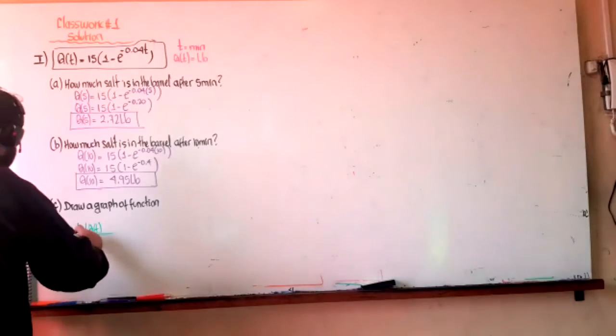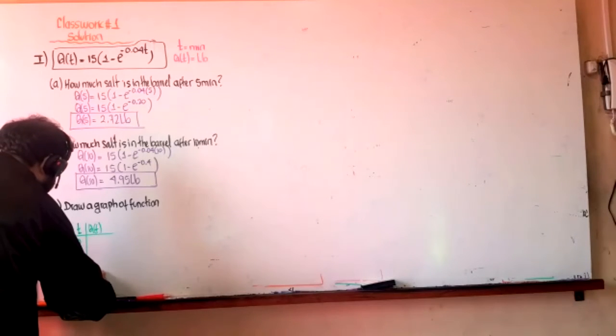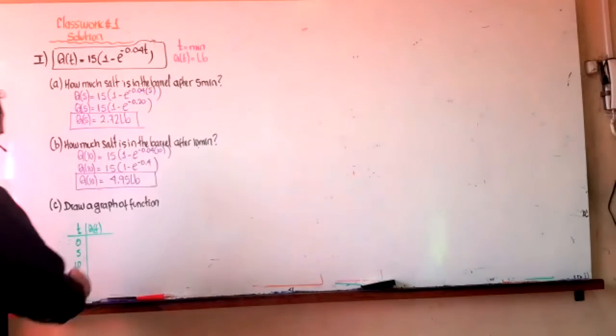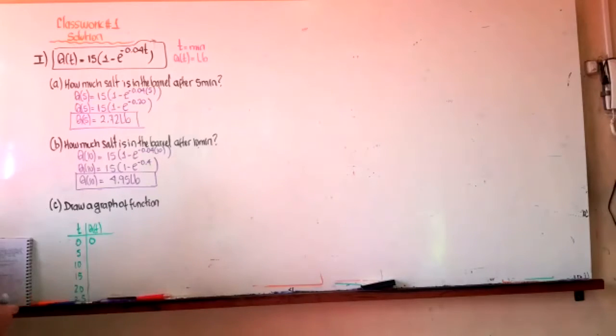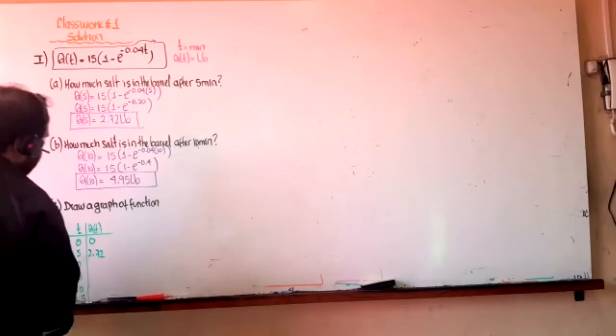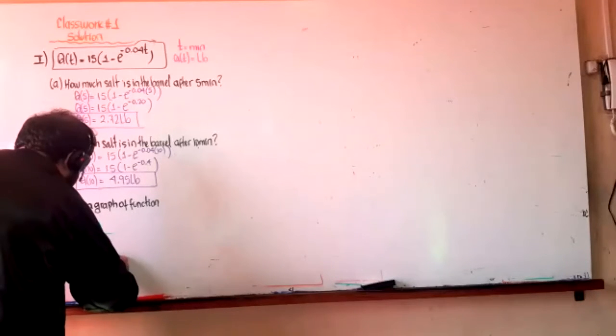So we can use numbers like 0, 5, 10, 15, 20, and 25. When x equals 0, the answer will be 0. When x equals 5, the answer will be 2.72. When x equals 10, it will be 4.95.